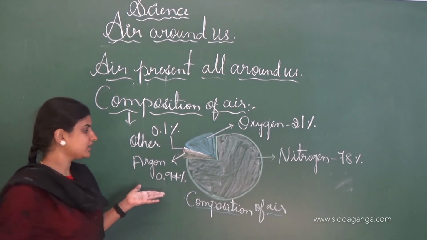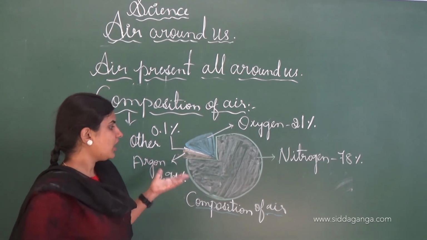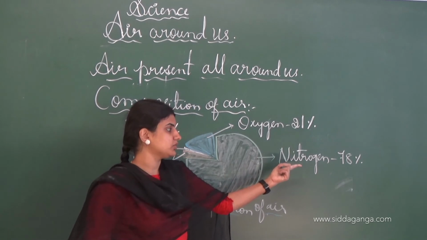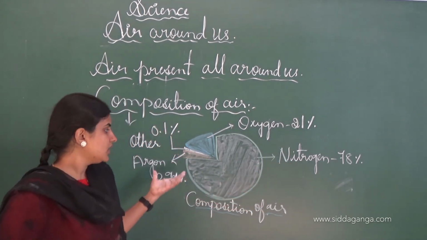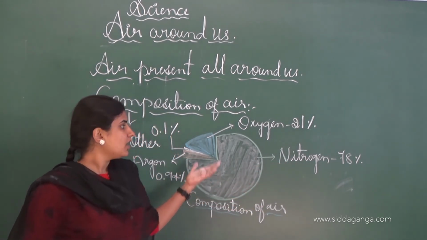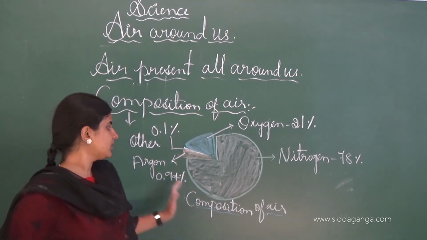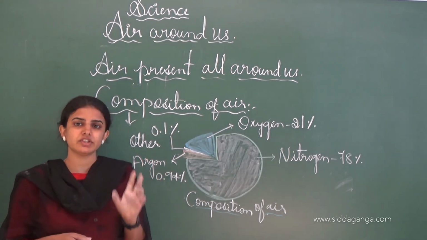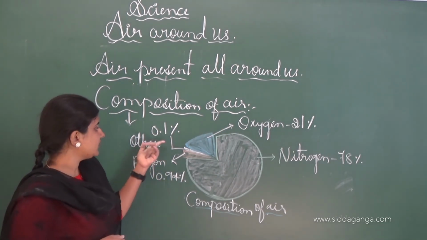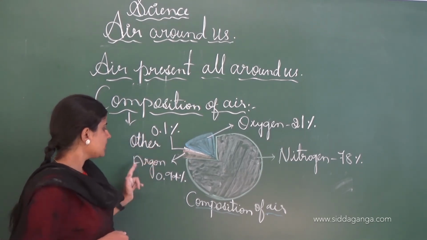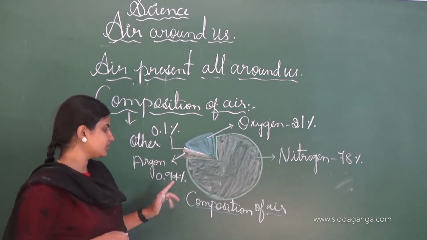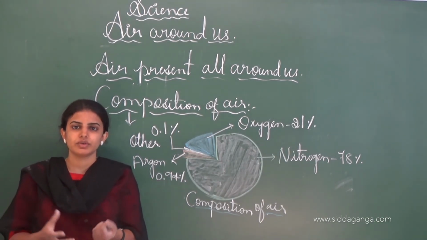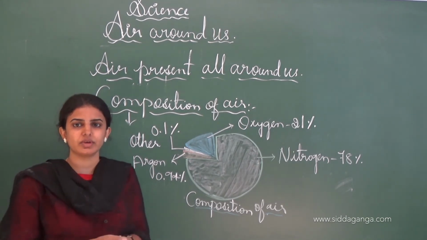And here is the diagram which shows how the different components are present. Nitrogen covers about 78% of the air, and oxygen is 21%, and other gases and suspended particles present in the air are in a very small amount, that is 0.1%, and argon is present at 0.94%. This is all about the composition of the air. So in today's class we learned about these concepts. Thank you.